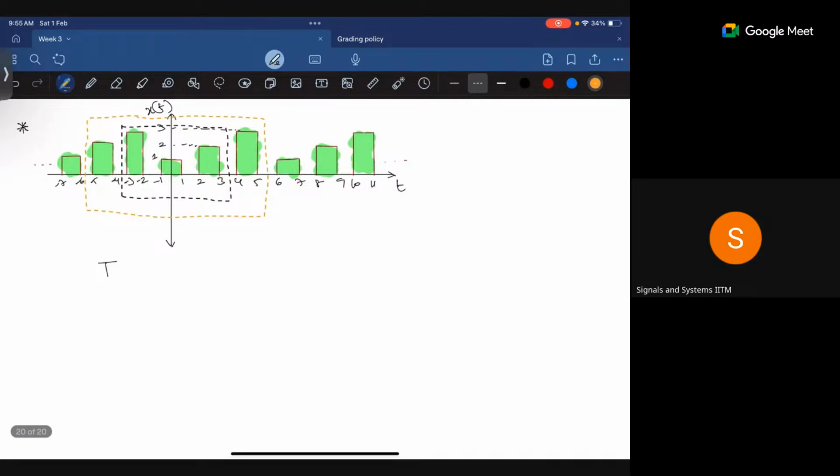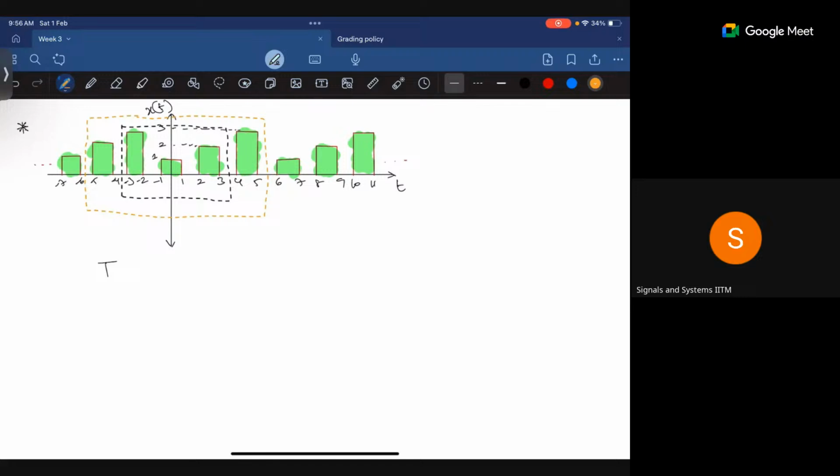But there is an easy way. If your signal is periodic, computing power becomes very, very easy, because the power of a periodic signal is just simply computing the average energy in one period.